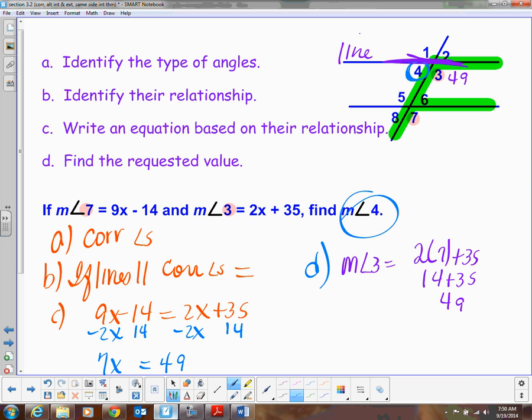So what kind of angles are they? Linear pair. What do you know about linear pair angles? No, they're not congruent because that's obtuse and that's acute. What's a straight angle? So what do these have to add to? Correct. So we're going to say 180 minus 49 is going to be 131.